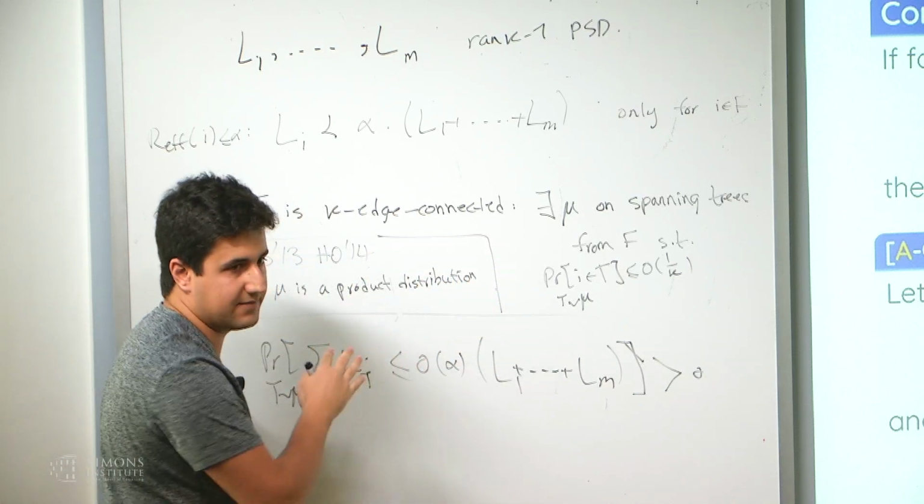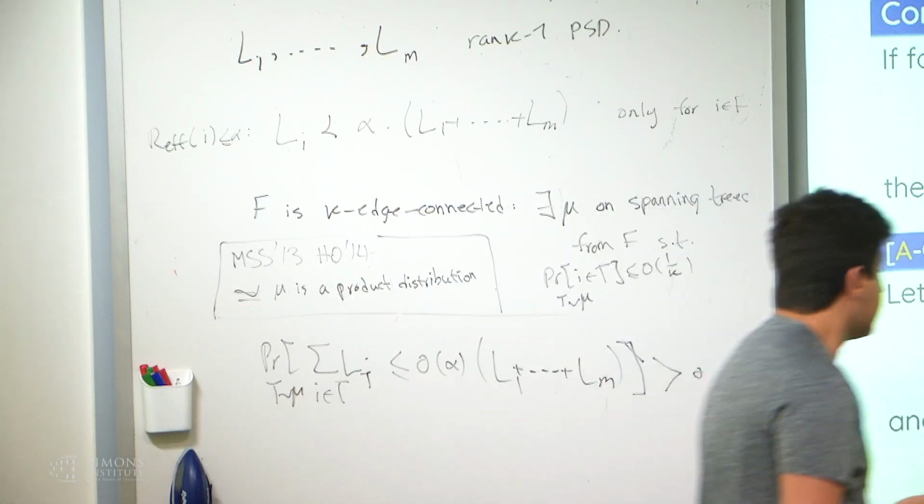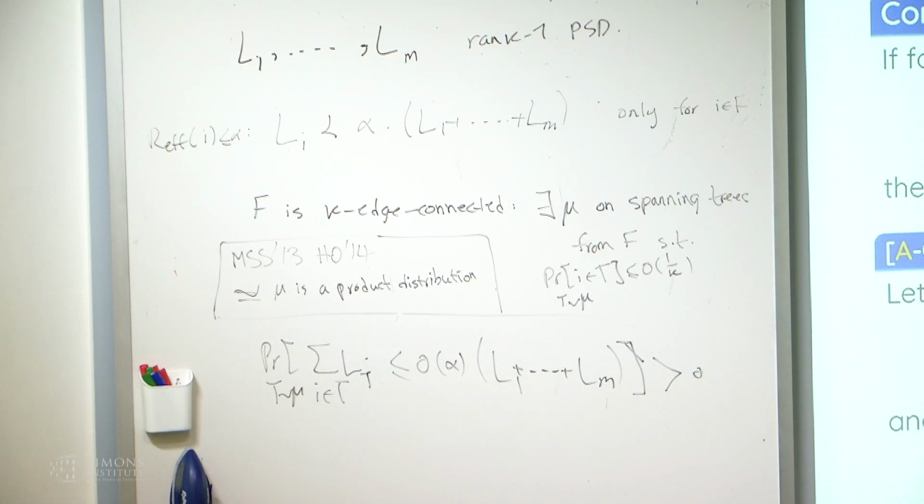I'll come back to all of these later, but the point is that we need some statement like that for distributions mu which are a little bit crazy. They're not choosing edges independently of each other. They're using a strongly correlated distribution on the edges.